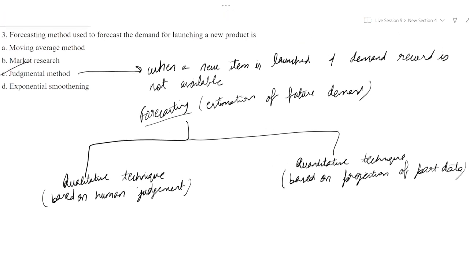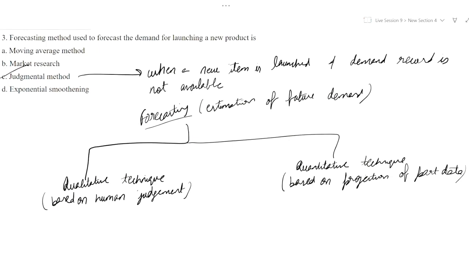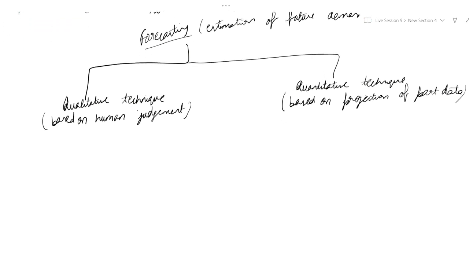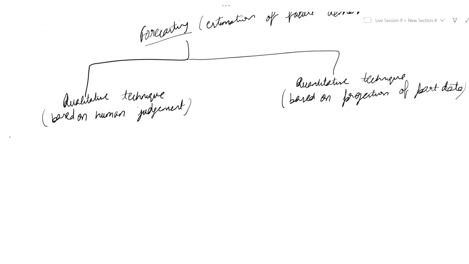Now, the remaining methods, moving average method, market research, exponential smoothing, we will discuss one by one as we go through the next questions. But we'll briefly discuss the qualitative techniques. One qualitative technique is the Delphi technique.